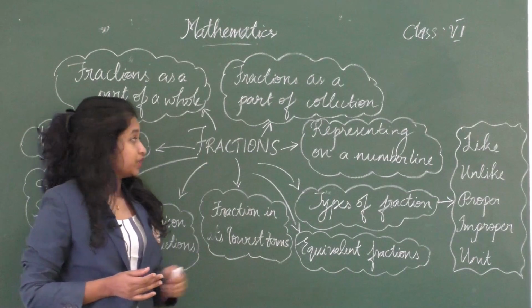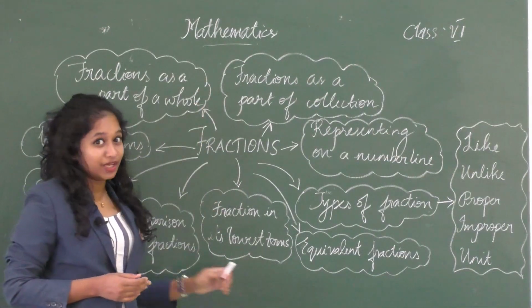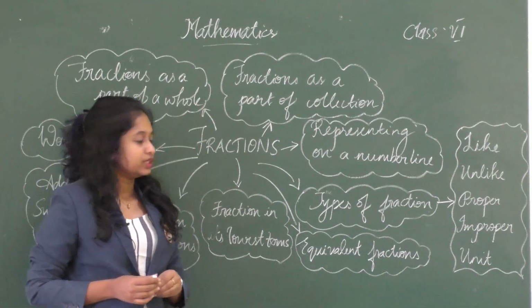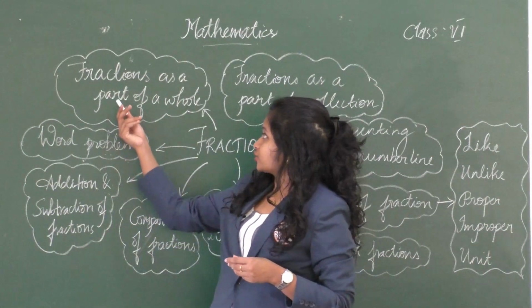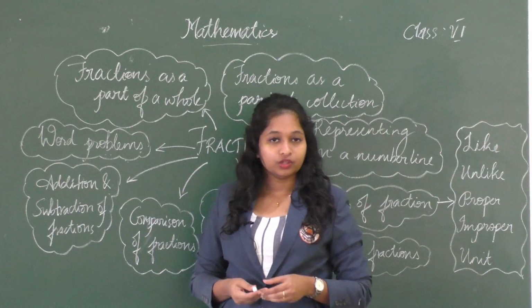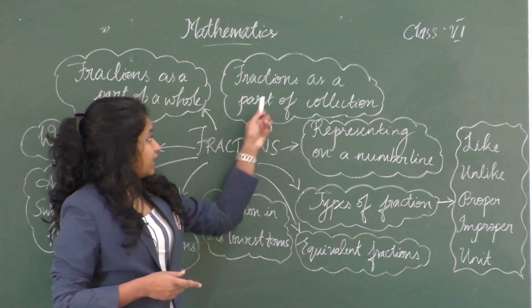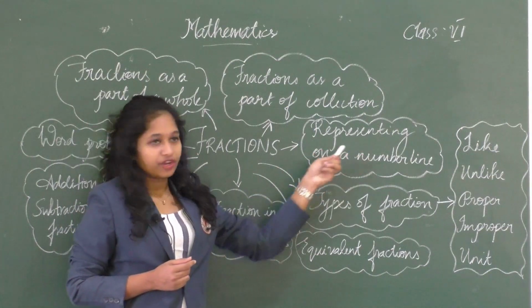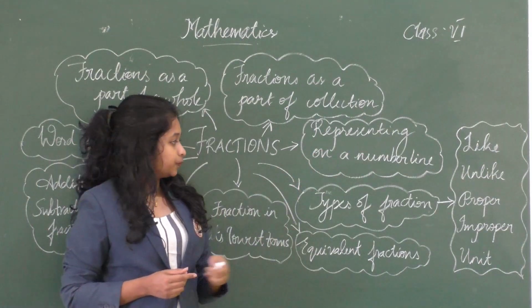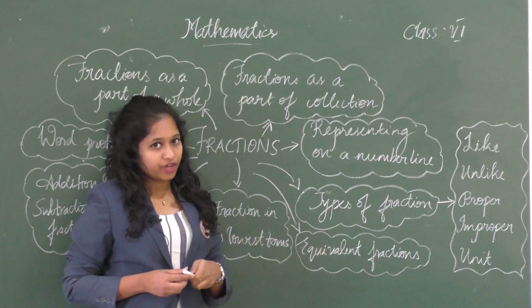So children, what you see here is the mind map for our video. Under fractions, you would learn about fractions as a part of a whole, fractions as a part of collection, representing fraction on a number line, types of fraction.